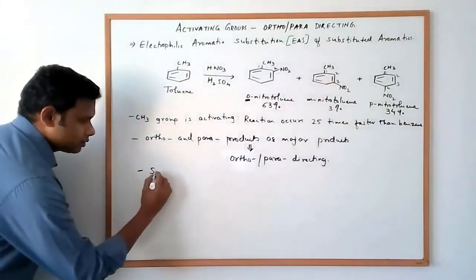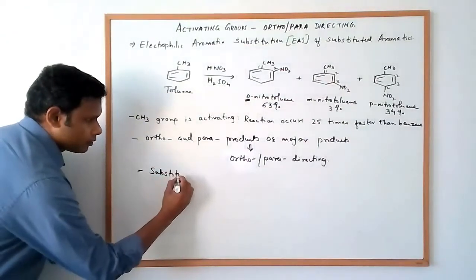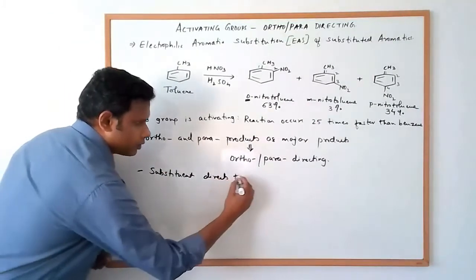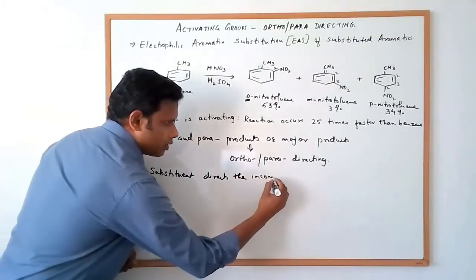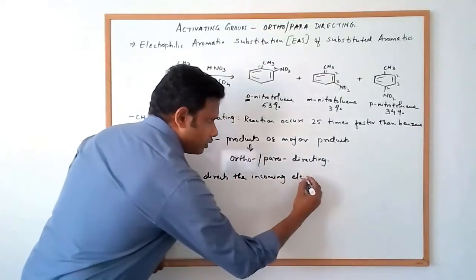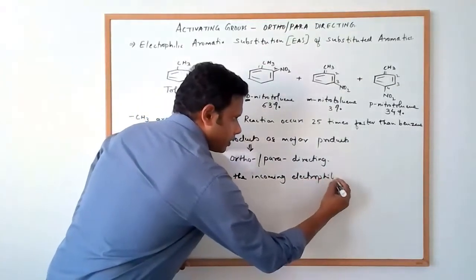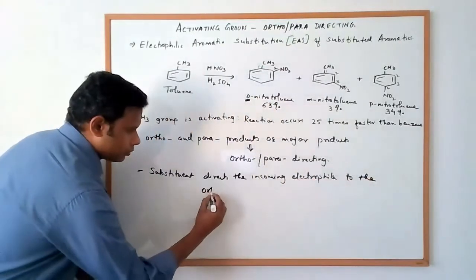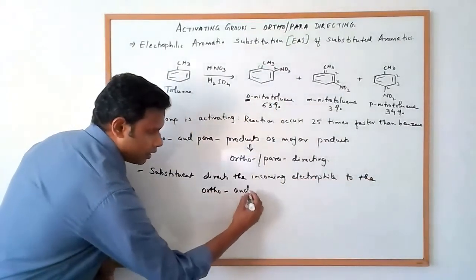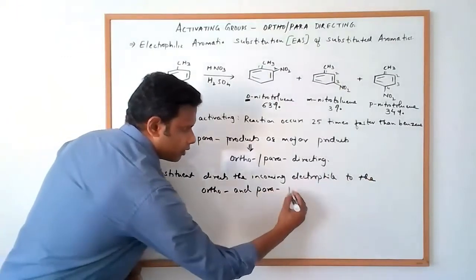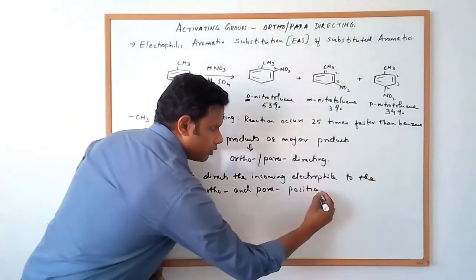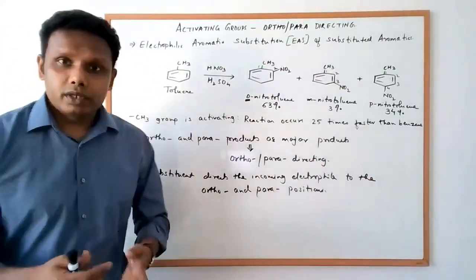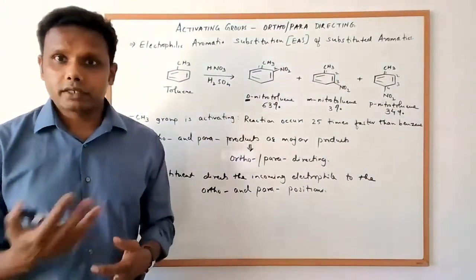So the substituent directs the incoming electrophile to the ortho and para positions. That's why the methyl group is called an ortho-para directing group.